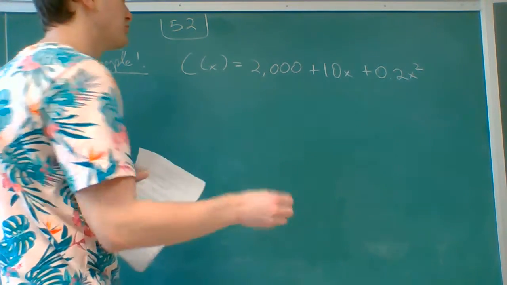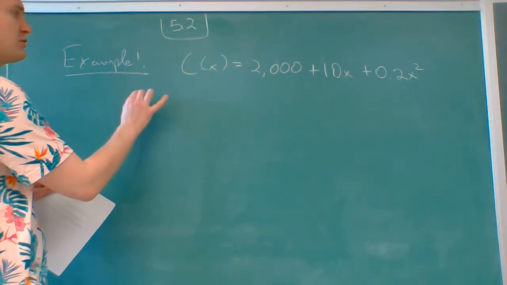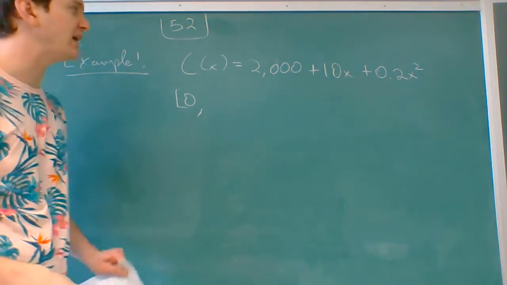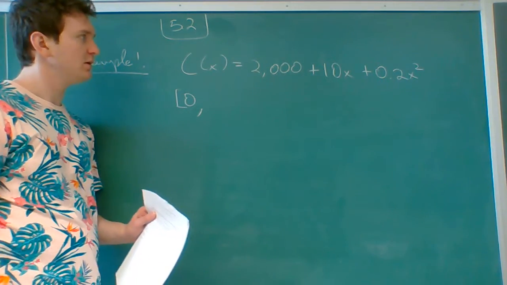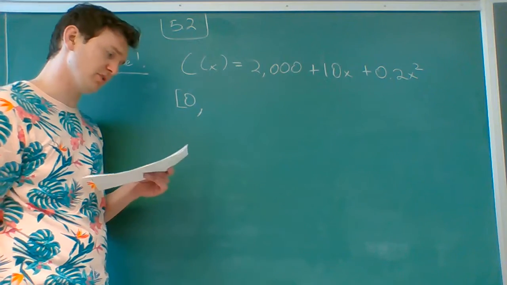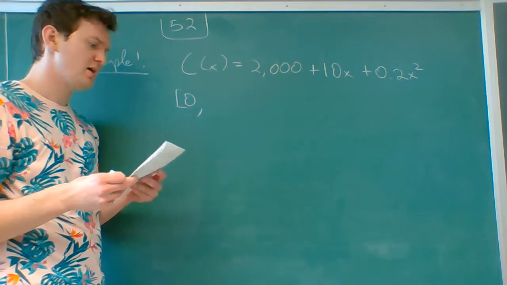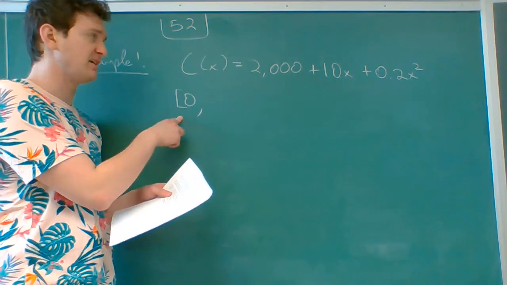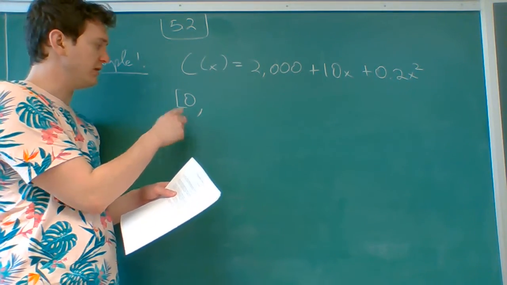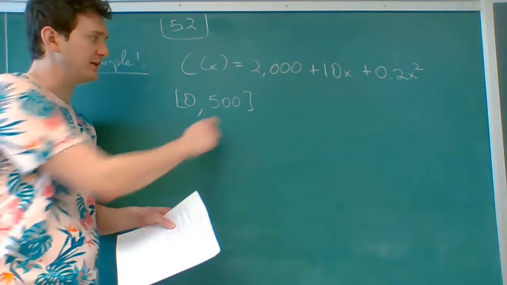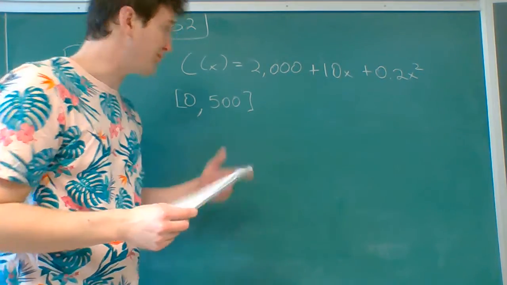I'm going to say that our domain is going to start at 0 because we can't manufacture a negative number of jerseys. So x is representing the number of hockey jerseys. We can't make negative jerseys, so the lower bound is 0, and the upper bound they've given us is 500, including 500. So we've got endpoints.